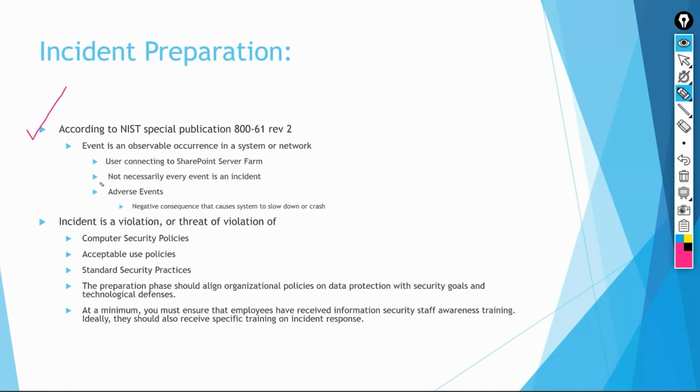An event can be multiple things, like a user connecting to a SharePoint server farm, an employee connecting to a CyberArk vault, or an employee connecting to a SQL server. These are all events.